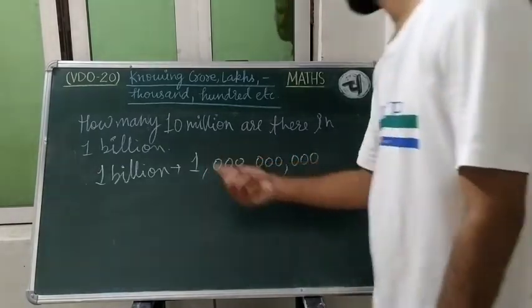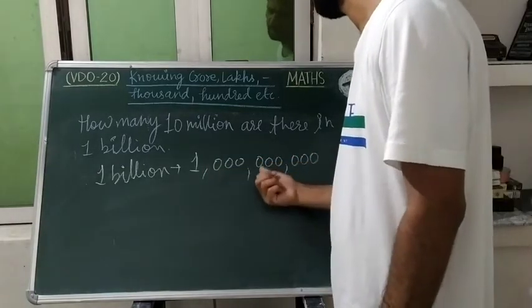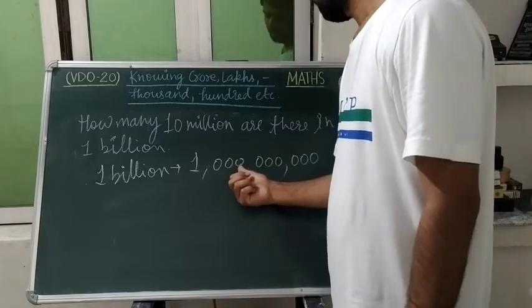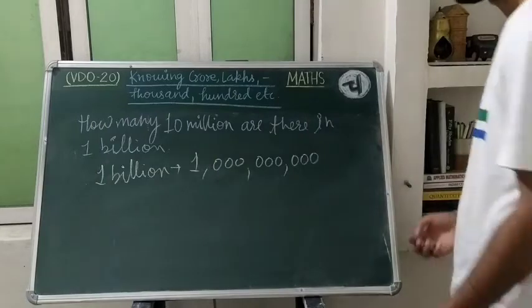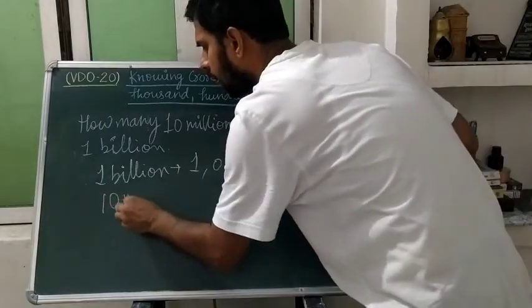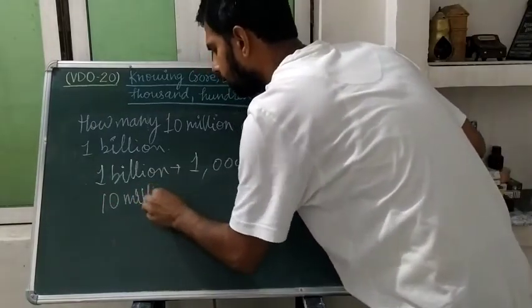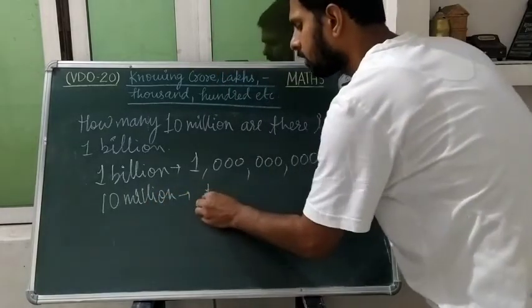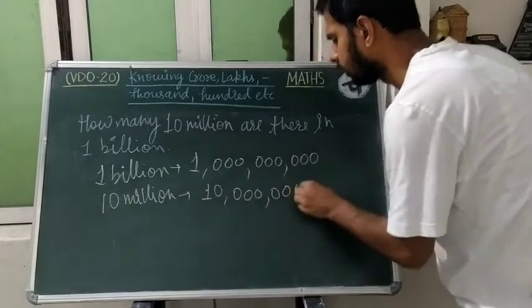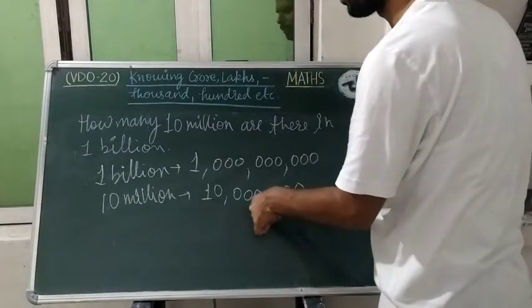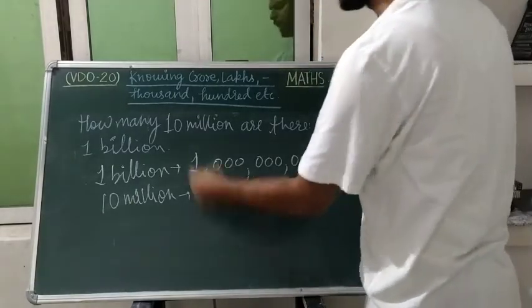You need 10, 100, 1000, 10,000, 100,000, million, 10 million, 100 million and billion. 10 million, how are you writing it? 10 million is 10 followed by 6 zeros.